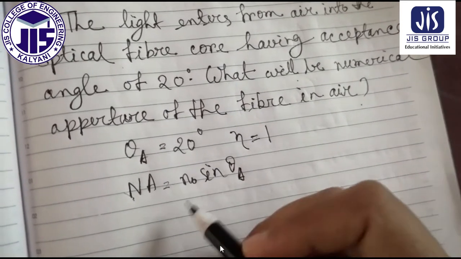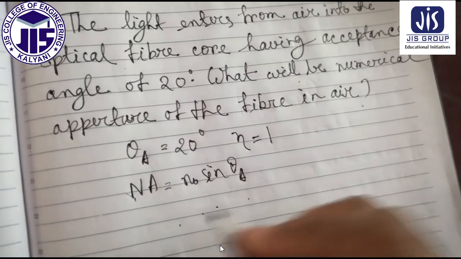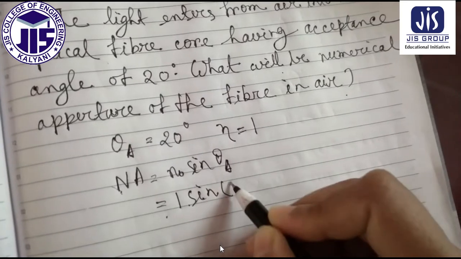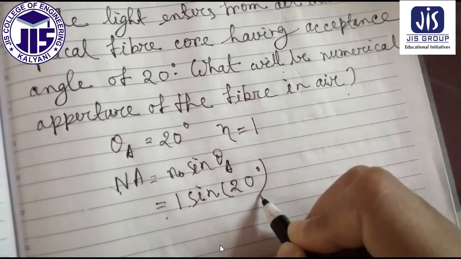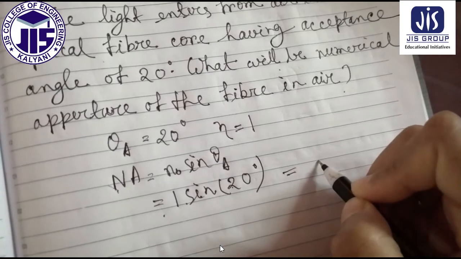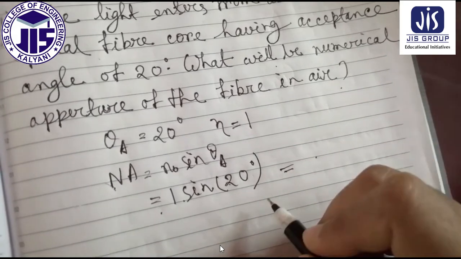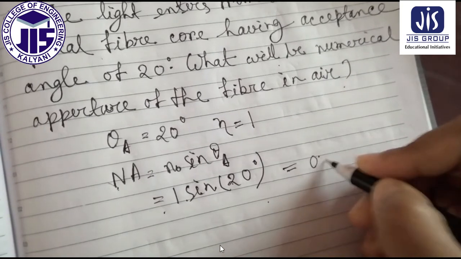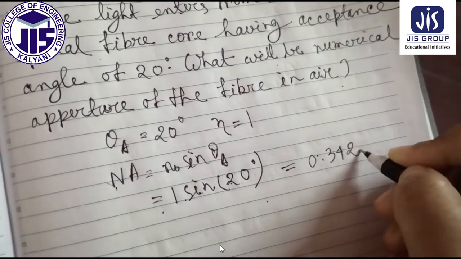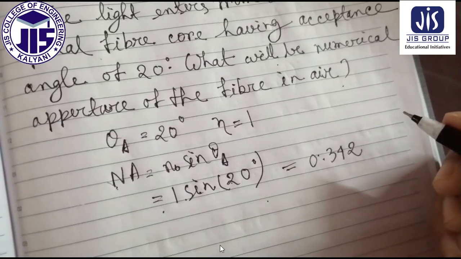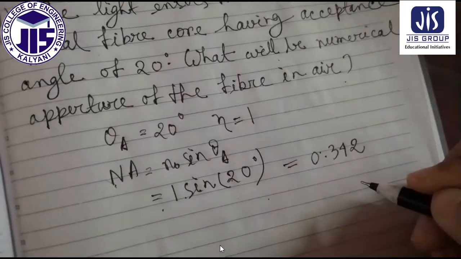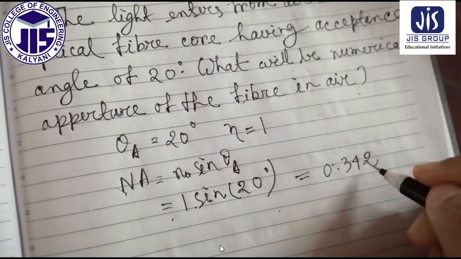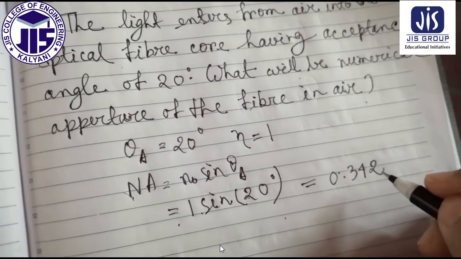Now n0 the value is 1, sine of theta A equal to 20 degree. So finally, if you put the value in your calculator, you can get the answer as 0.342. So therefore the answer of the numerical aperture is 0.342. This is the answer.